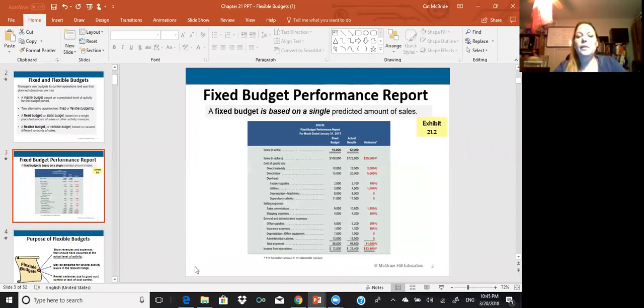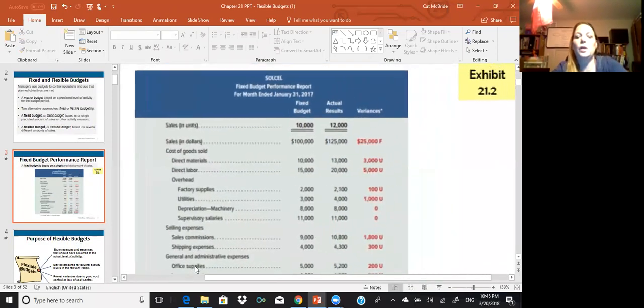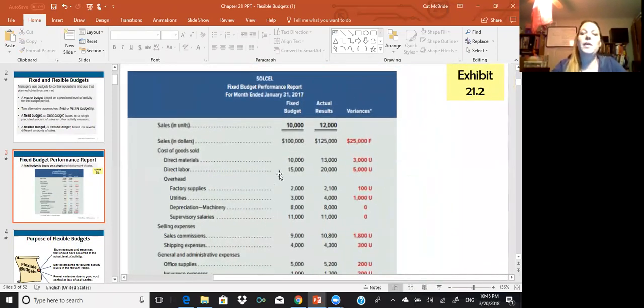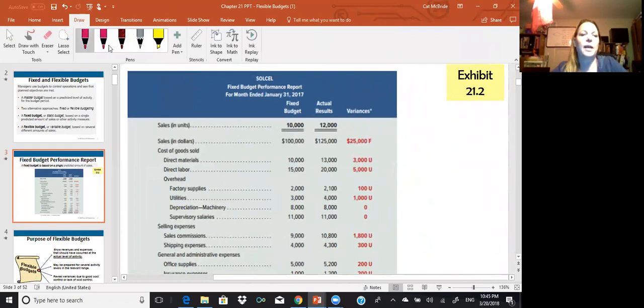So here is what a budget report would look like. We have our fixed and our actual, and then you have your variances. And I want you to notice that with variances, this favorable or unfavorable is a very important part. Because if I said for sales dollars that you have a $25,000 variance, you might go, oh, that's great.